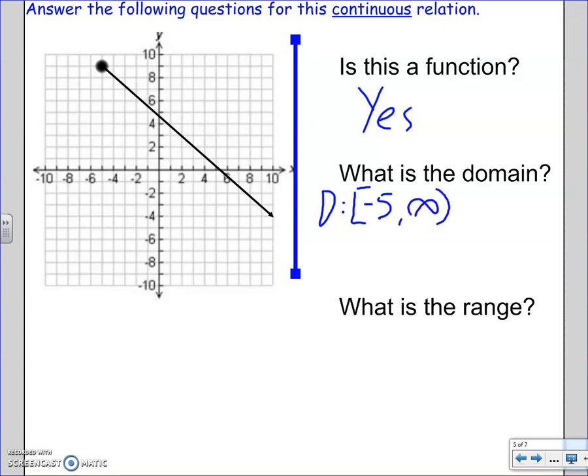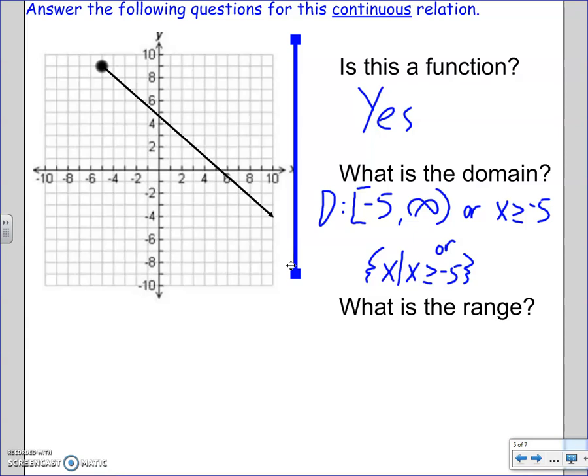Infinity is always open. Now, we could write that in inequality notation, so we can say x is greater than or equal to -5. Or we can even do set builder notation. It's the set of all x's such that x is greater than or equal to -5. Your choice, but the main one is actually interval notation.